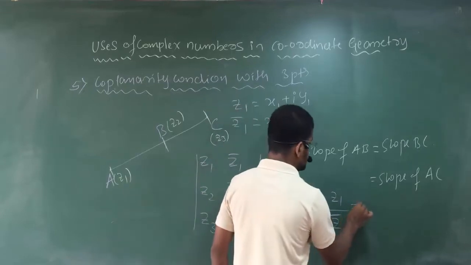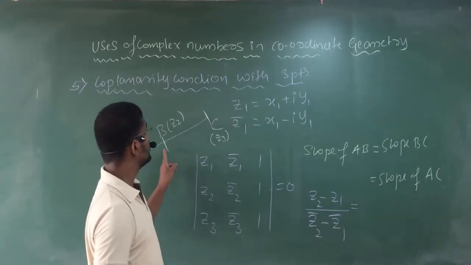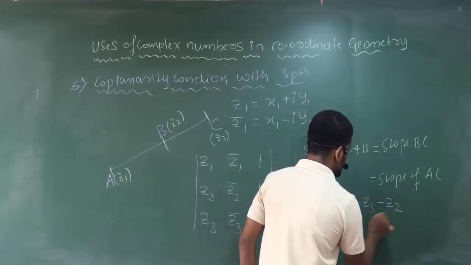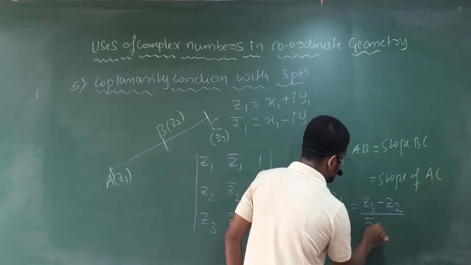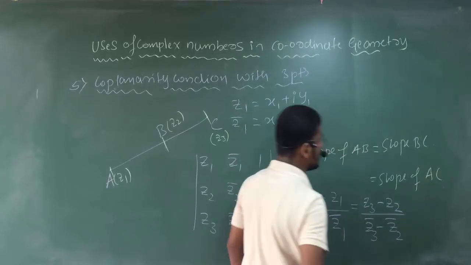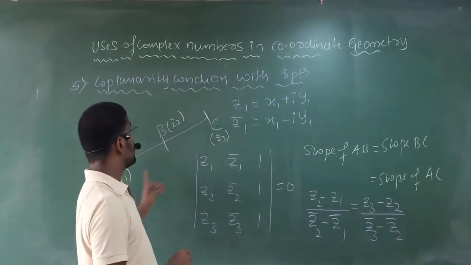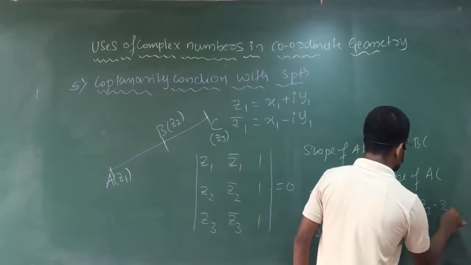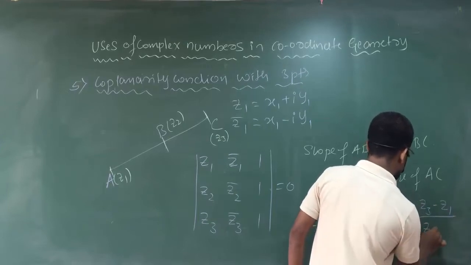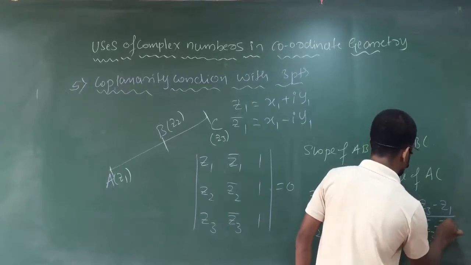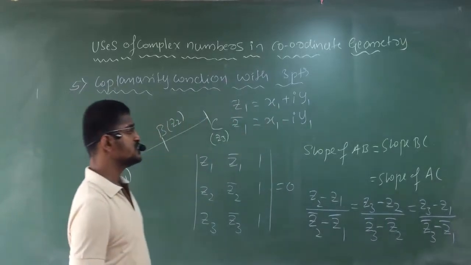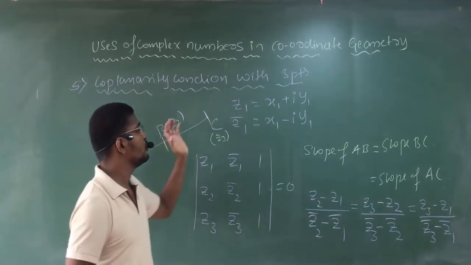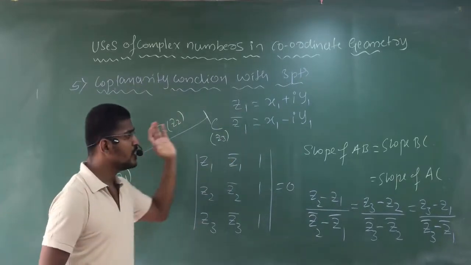Next, this will be equal to the slope of BC, that is (Z3 minus Z2) divided by (Z3 bar minus Z2 bar). Next, the slope of AC will be equal to (Z3 minus Z1) divided by (Z3 bar minus Z1 bar). So this is the slope of AB, the slope of BC and the slope of AC.